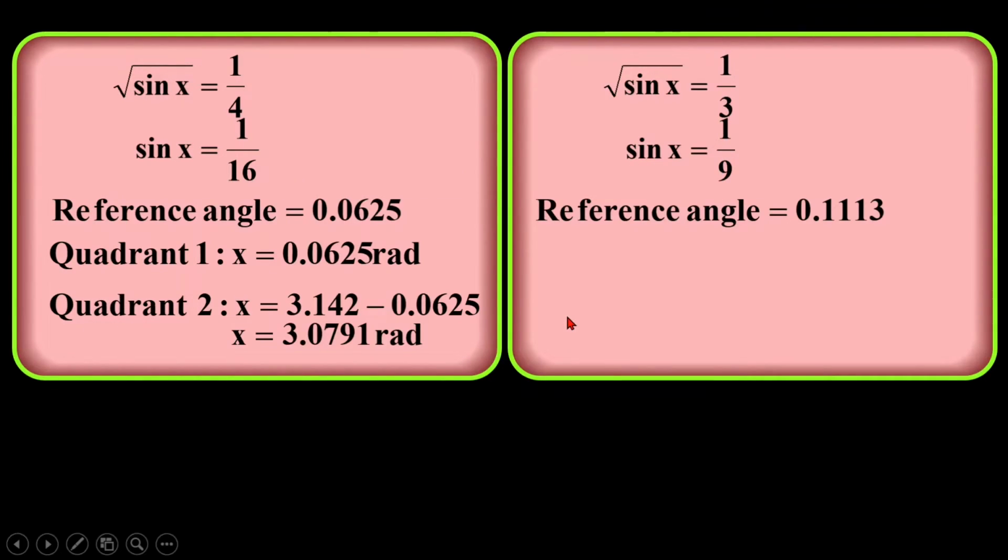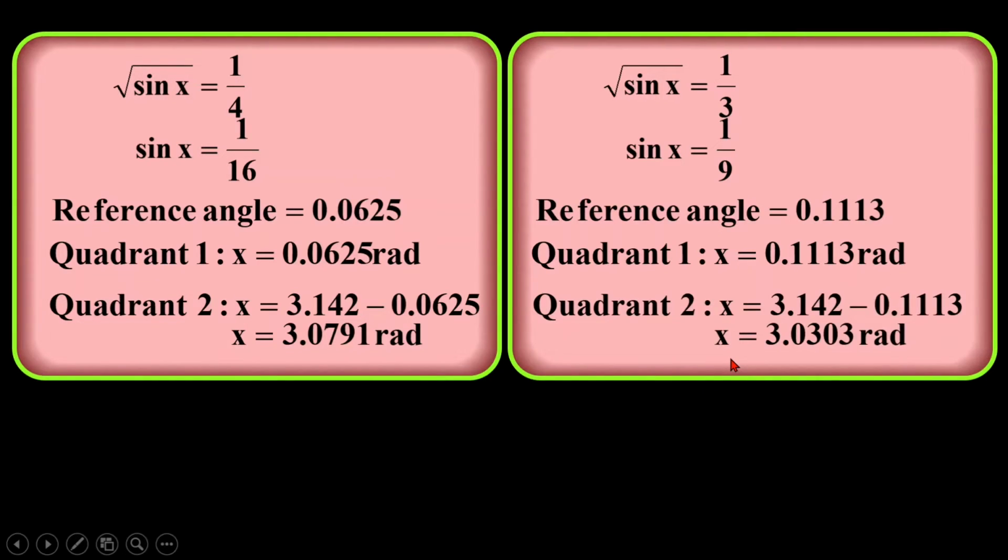So for this case, they want radian form. So I will press and I will get the reference angle as 0.113. Okay, time to go to the quadrant. Because sine is positive, that gives me the first quadrant and also the second quadrant.